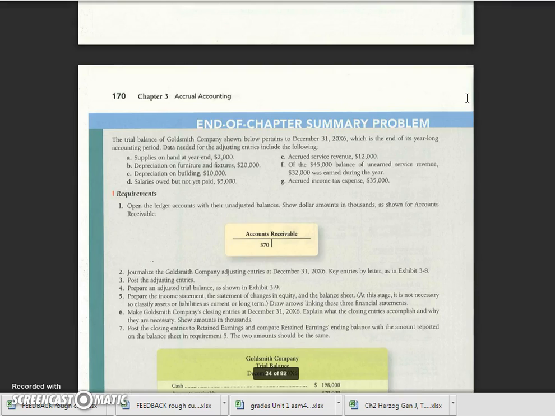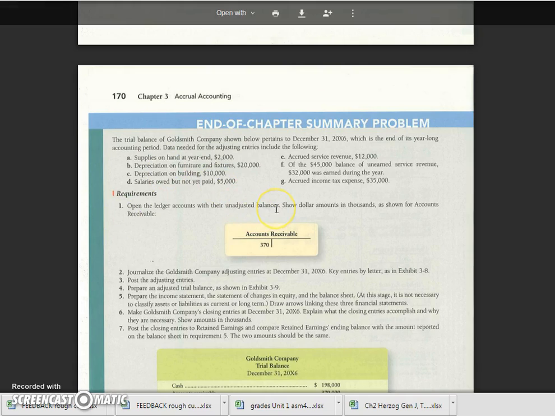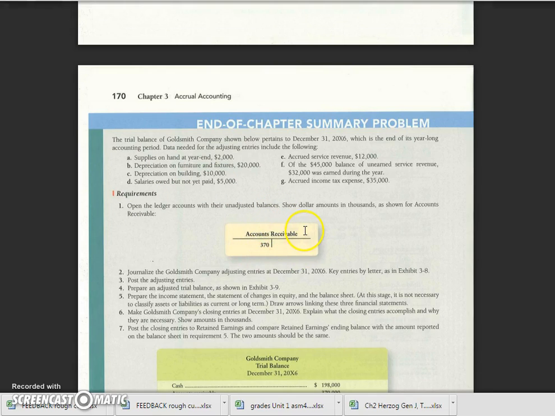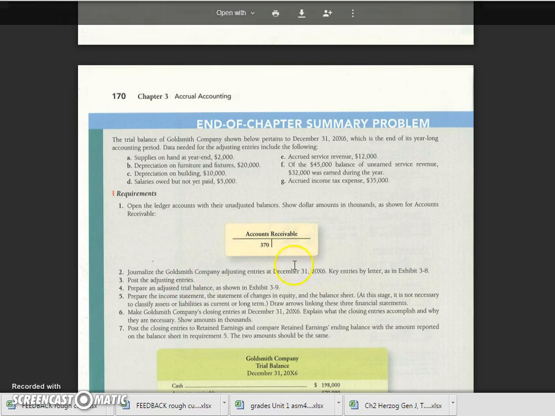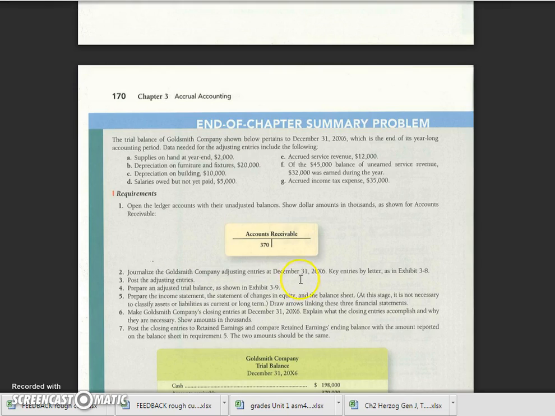It says, open the ledger accounts with the unadjusted balance. Show the dollar amounts. So what I've done is I've shown all the T accounts. I like putting it in thousands, so mine shows the amount with 3 zeros at the end. Then we journalize the adjusting entries for Goldsmith Company at the end of this year, which is December 31st, 2006.